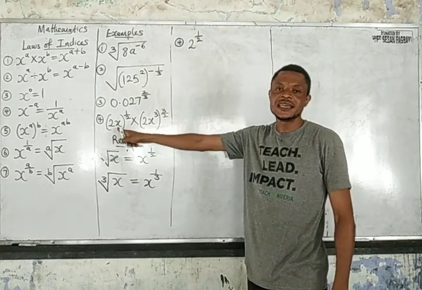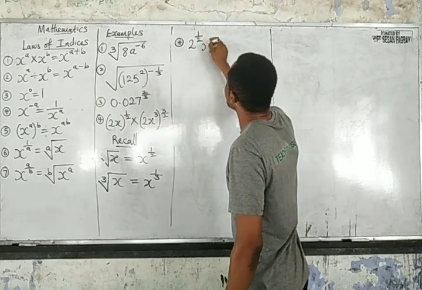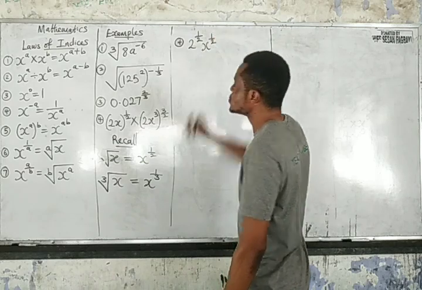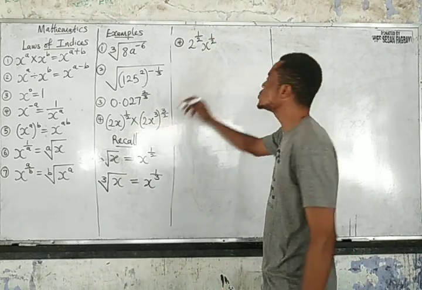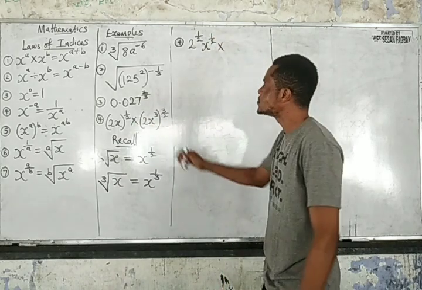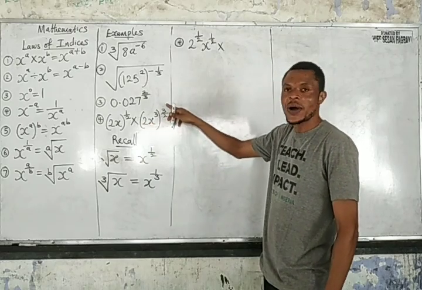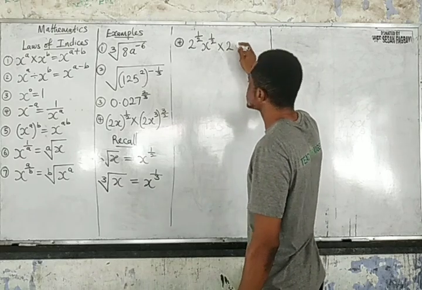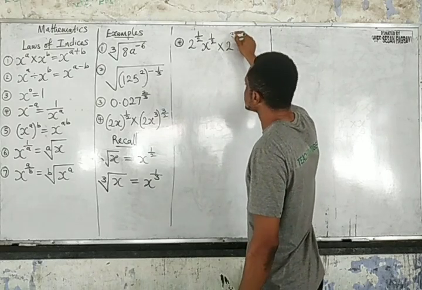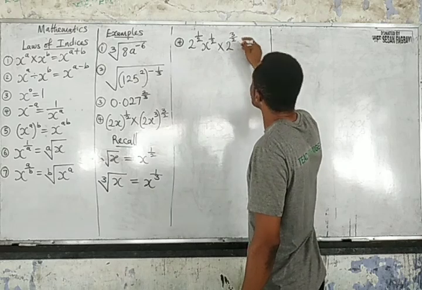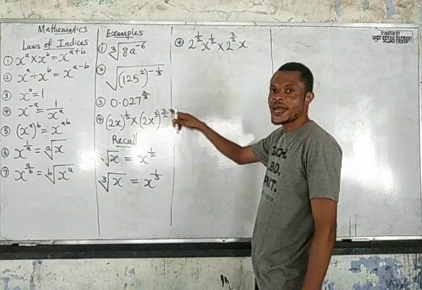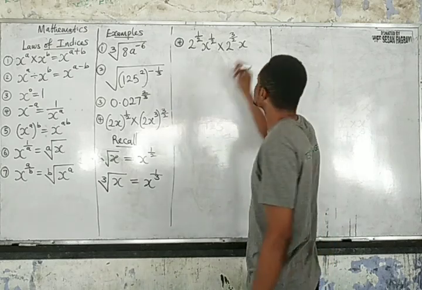Likewise, the x here is raised to the power of 1 all over 2. Then we have the multiplication sign. 2 raised to the power of 3 all over 2, and x raised to 3 multiplied by 3 all over 2.